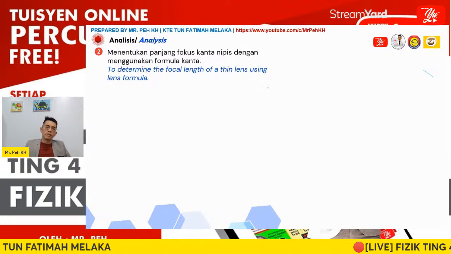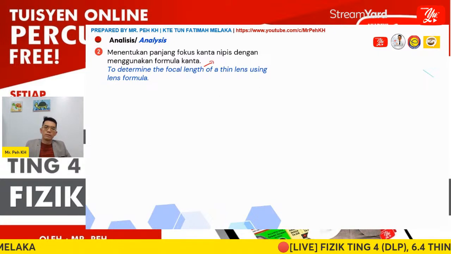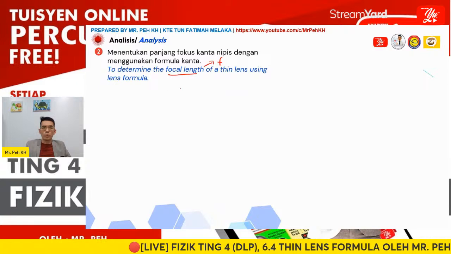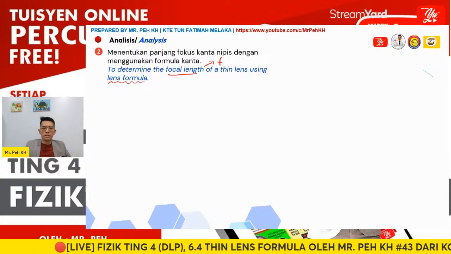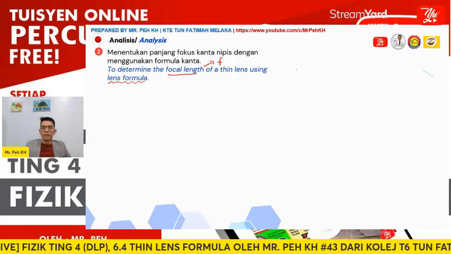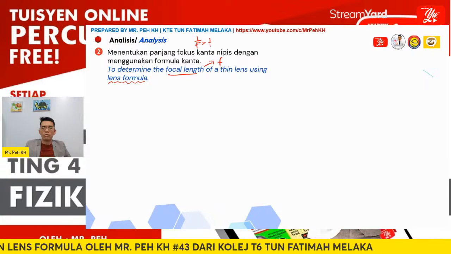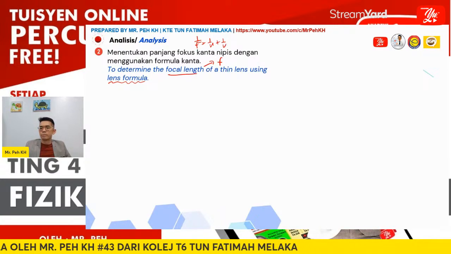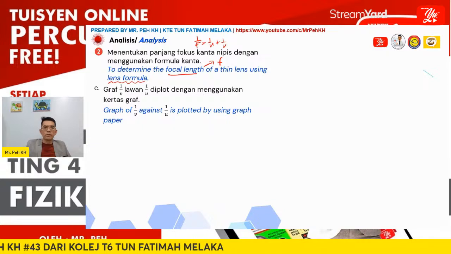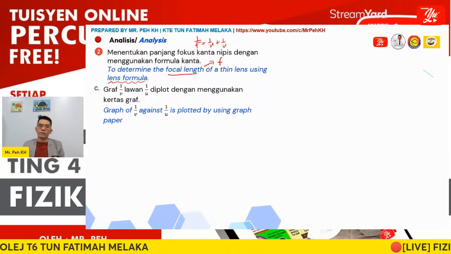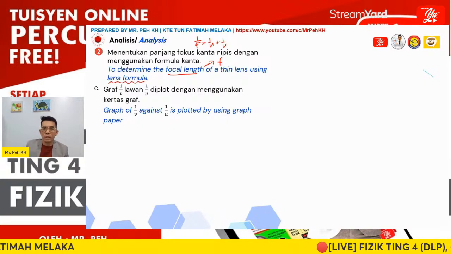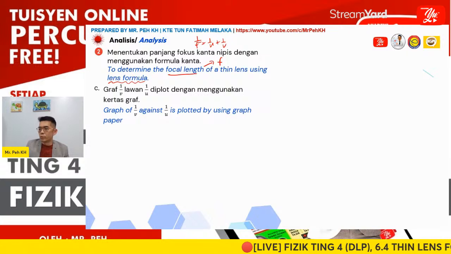It is to determine the focal length F of the thin lens using the lens formula. The lens formula is 1 over F equals 1 over U plus 1 over V. Here the question asks you to plot the graph 1 over V against 1 over U.